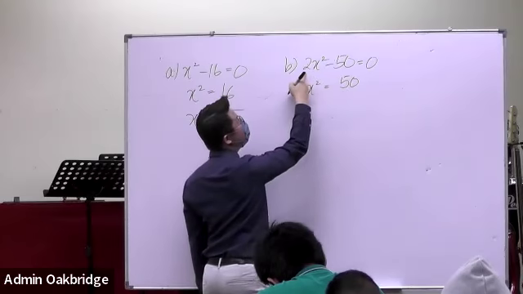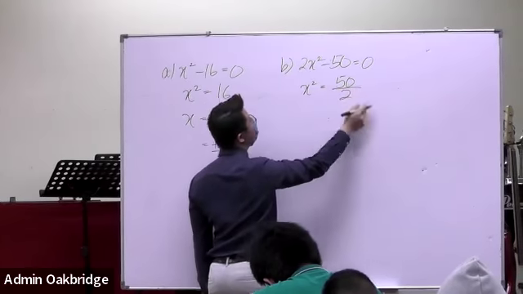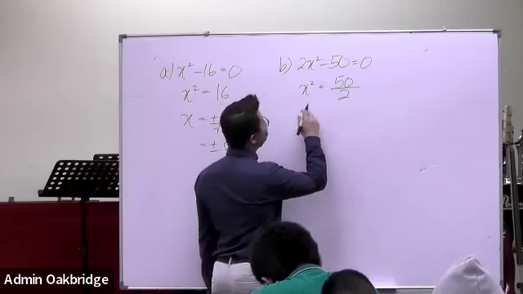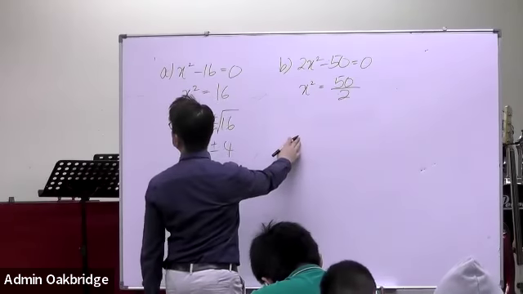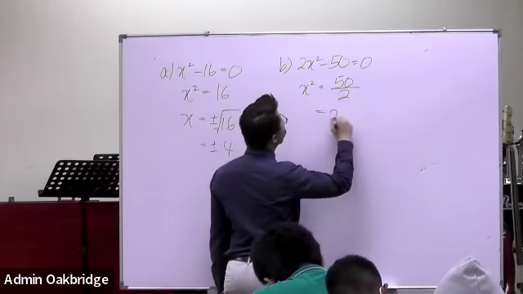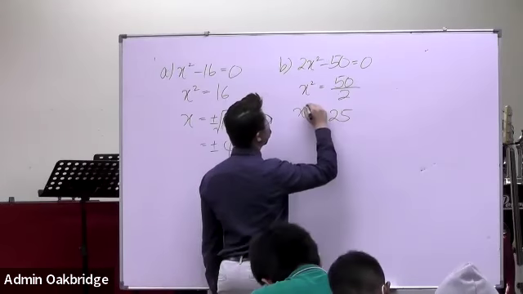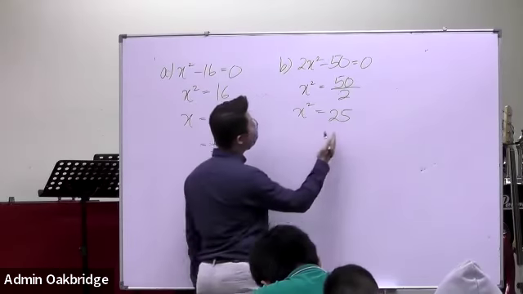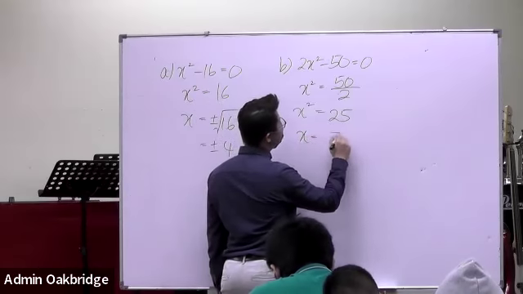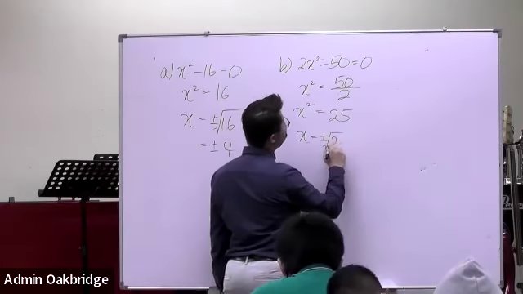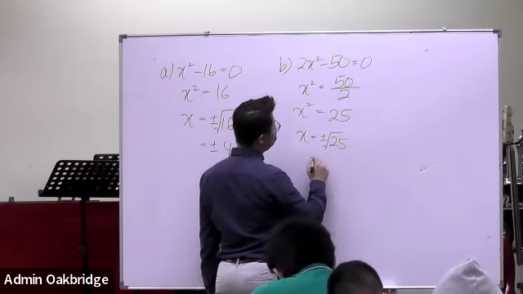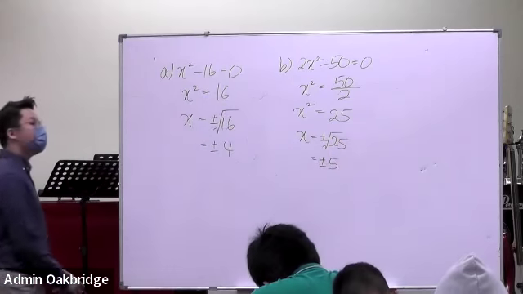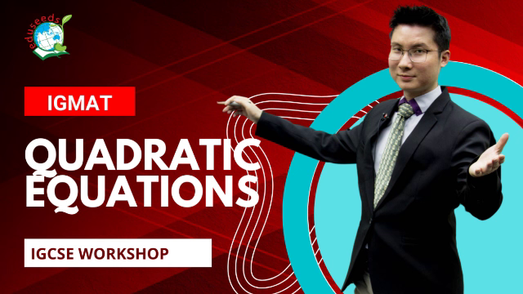The way to remove the 2 is by division, so 50 divided by 2 is 25. Now you can get x as plus minus the square root of 25, which gives you plus minus 5. So it's also not that hard if b is 0.